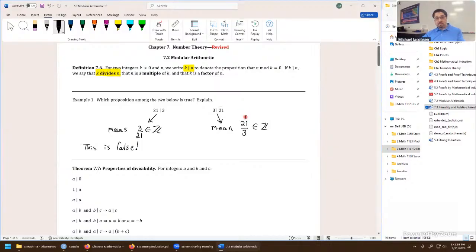That's absolutely true. That's 7. In other words, you could also say this means that 21 mod 3 is 0. That's absolutely true. When we divide 3 into 21, we get remainder 0 altogether. So either way you decide to look at it, from the modulus equation or whether it's in the set of the integers, this is true.